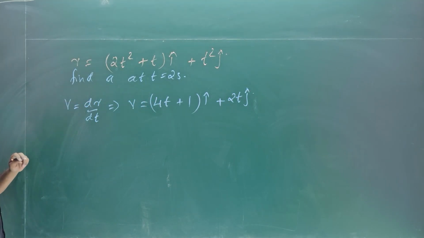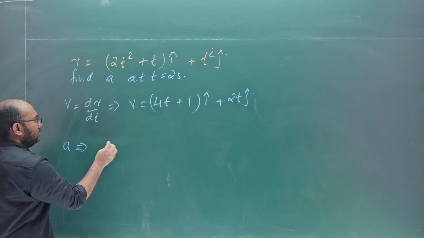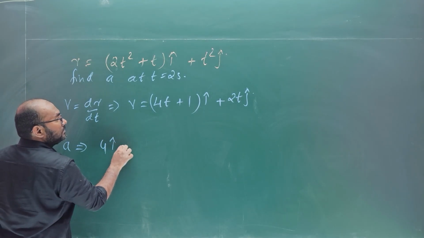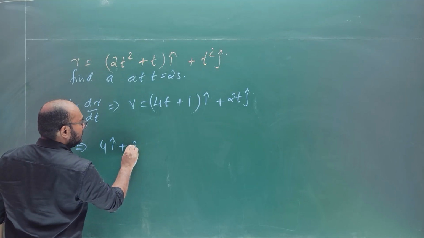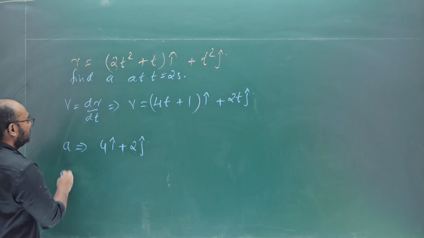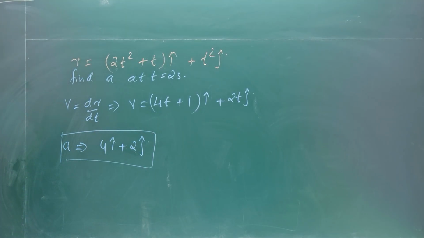Or acceleration can be written as 4 i cap plus 2 j cap. So I can't do anything with the time. Why? Because acceleration is constant in this.